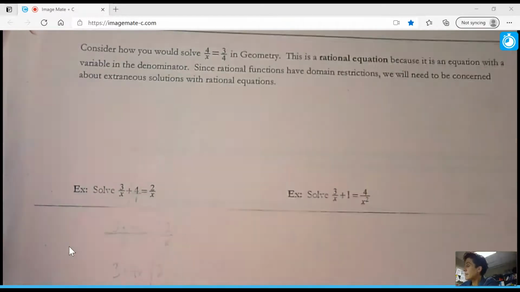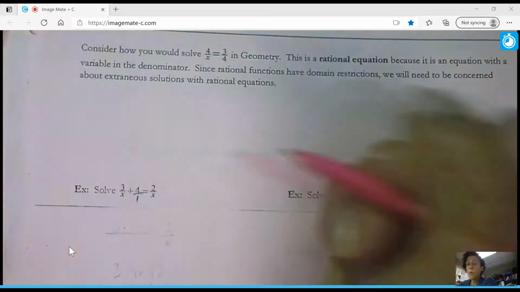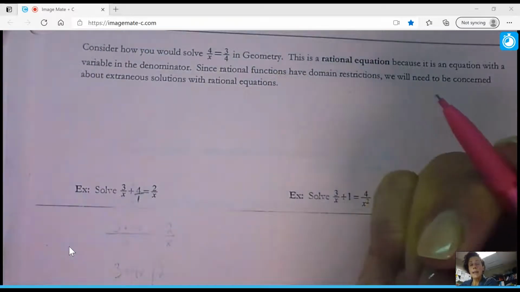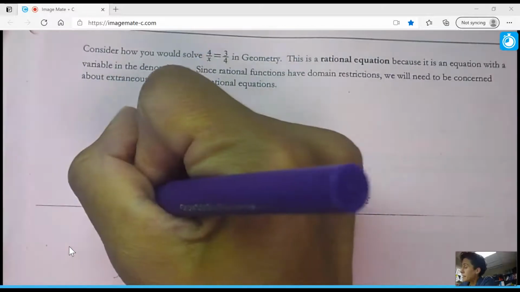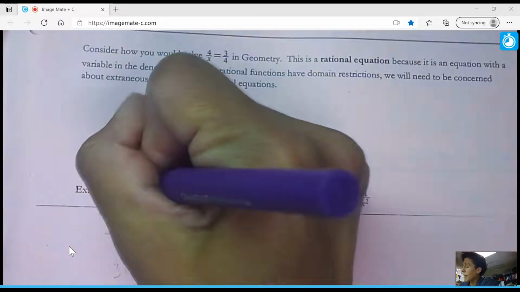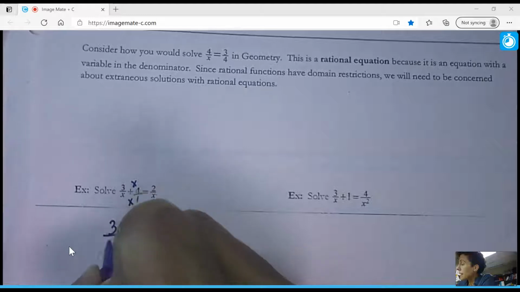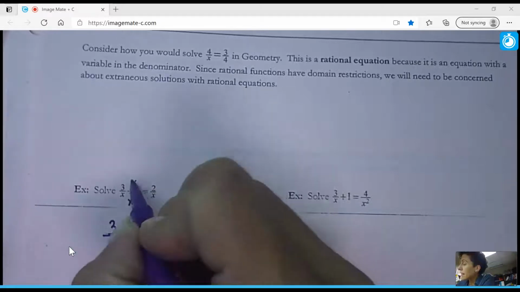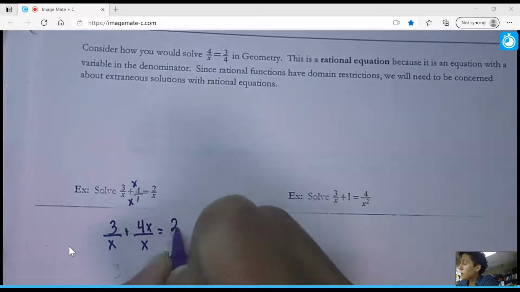So right now, that fraction, this 4, is currently over a 1. So to make it a denominator of x, I'll multiply the denominator by x, and whatever you do to the bottom, you do to the top. So my fraction becomes 3/x, and here I get 4x over x equals 2 over x.